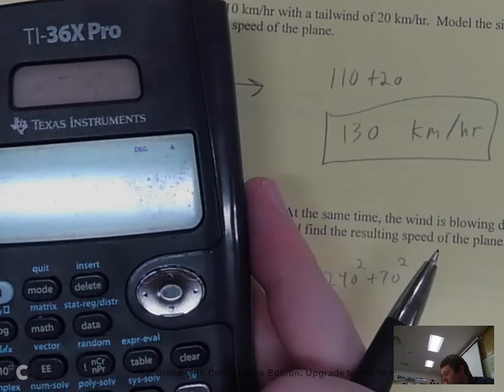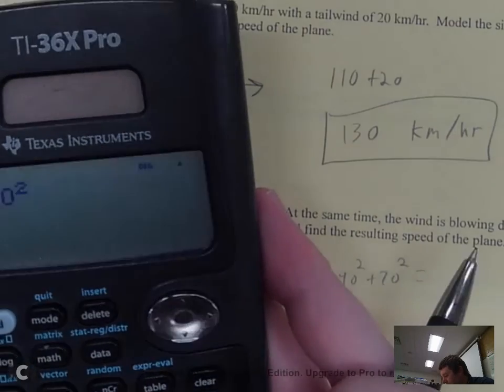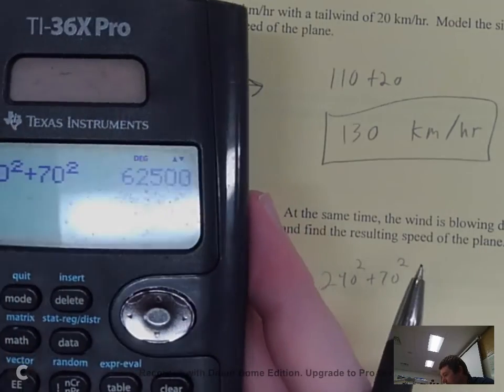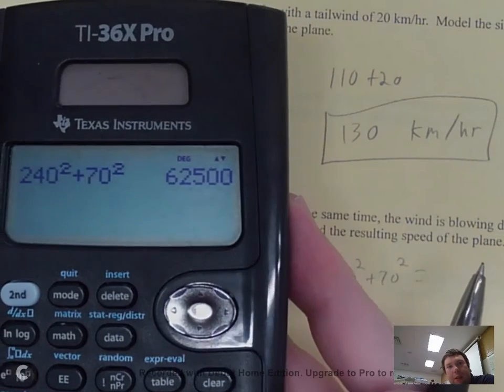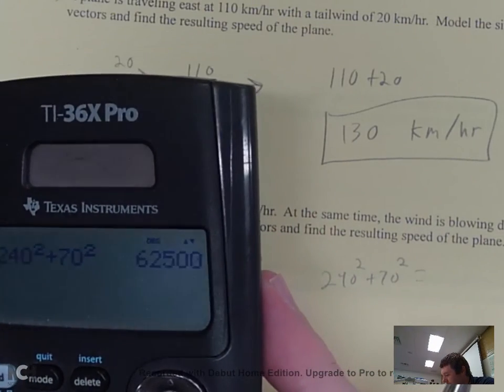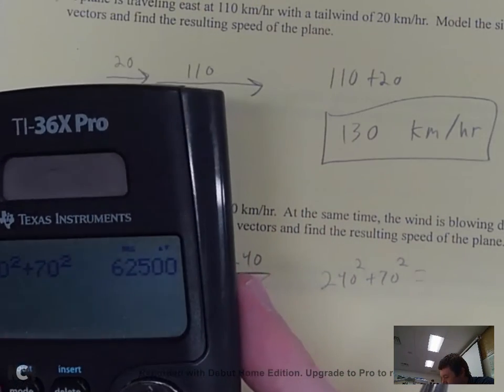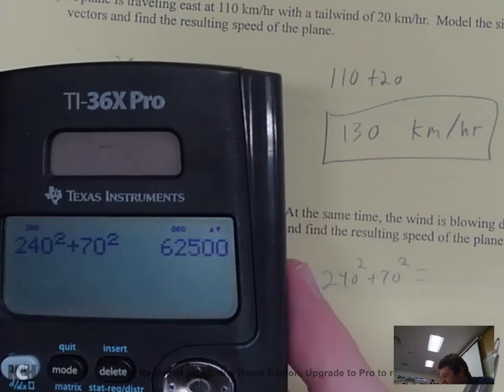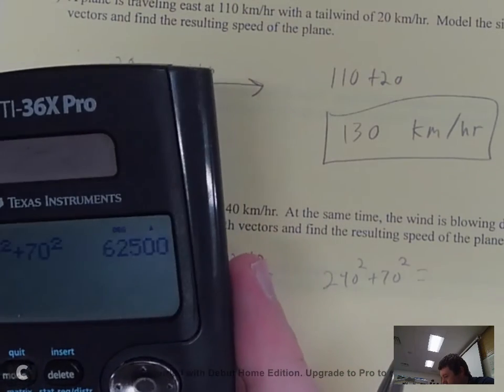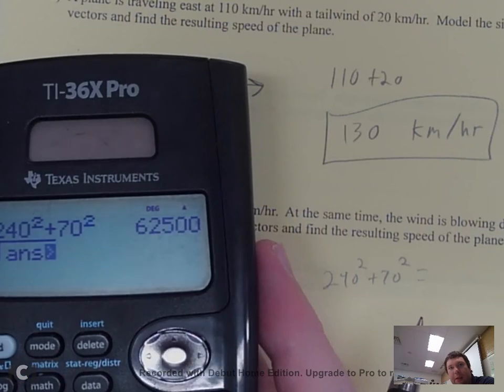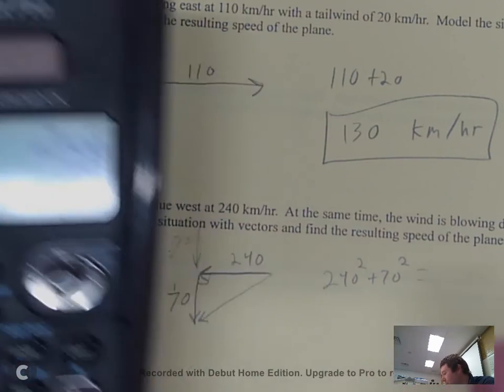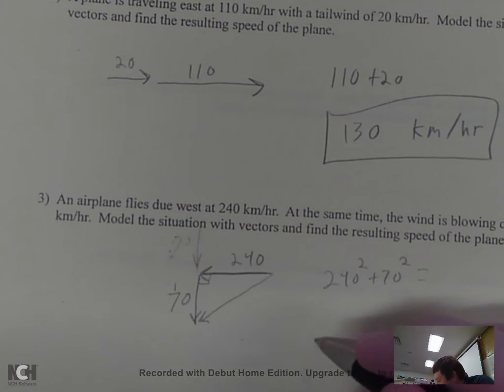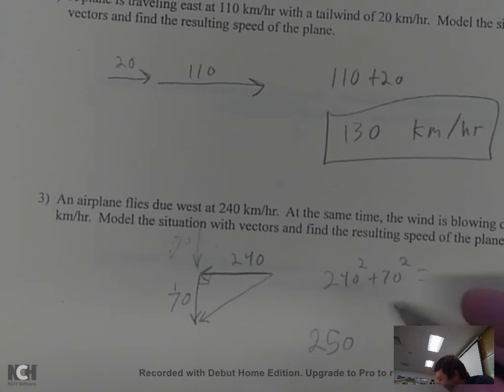So 240 squared plus 70 squared is 62,500. And then to get back to what it should be, I'm going to square root that number, and I would get 250. So 250 kilometers per hour would be my answer.